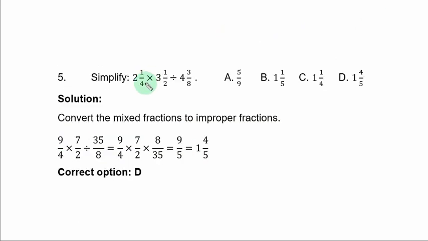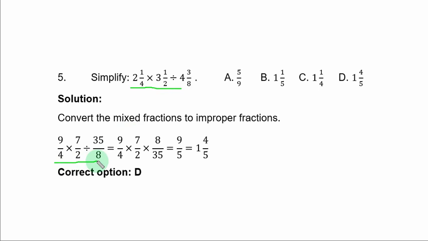Question 5. Simplify 2 whole number 1 over 4 times 3 whole number 1 over 2 divided by 4 whole number 3 over 8. Solution: you need to convert the mixed fractions to improper fractions, and you have it in this form.